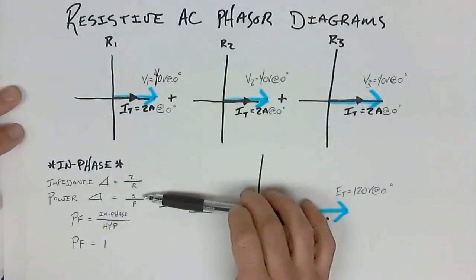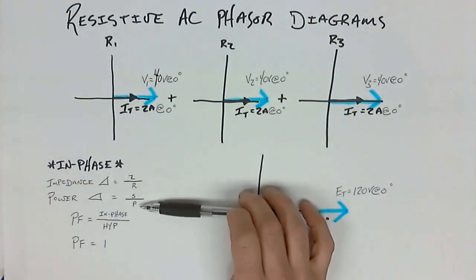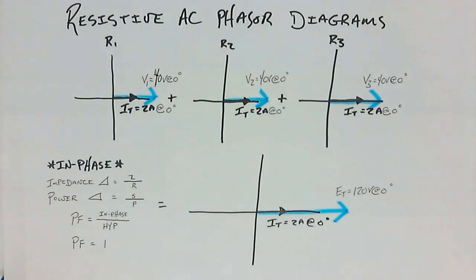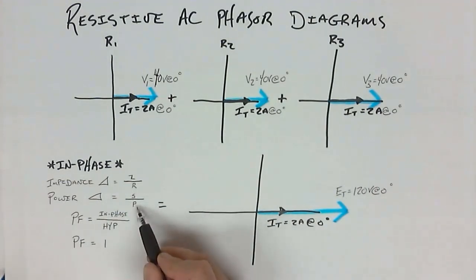What's the total power of this particular circuit? Well, it's going to be 80 watts multiplied by 3. 80 watts times 3 is 240 watts. Since there's no reactive component, the S also is 240 VA.